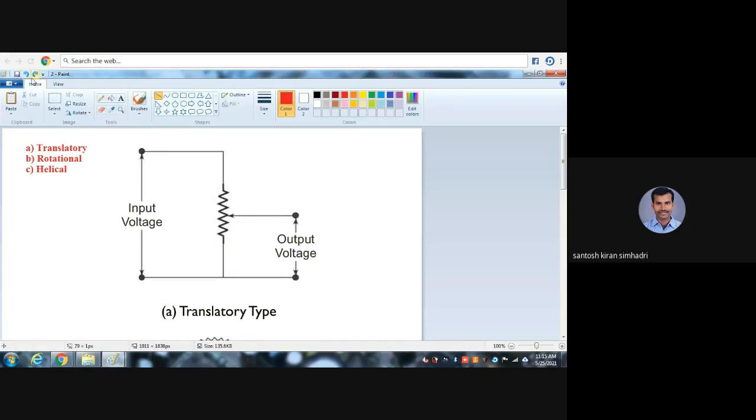This is 1 kilo ohm. This is 2 kilo ohms. This is 3 kilo ohms. This is 4 kilo ohms. This is 5 kilo ohms. This is 6 kilo ohms. This is 7 kilo ohms. Once you vary this arrow mark, immediately resistance is also varied. What happened? If resistance is varied, V equals IR, R is varied, V is also varied.